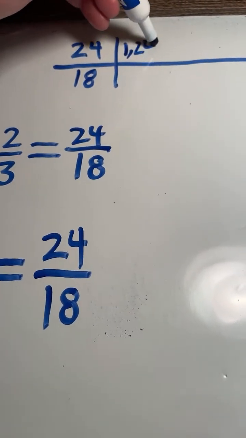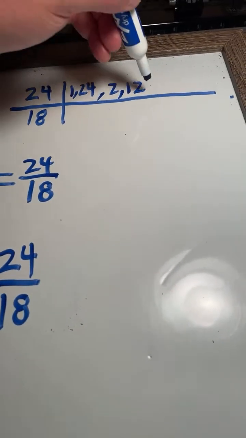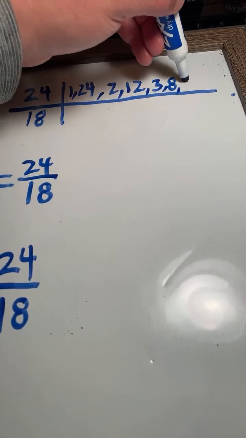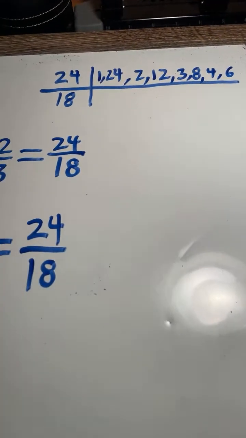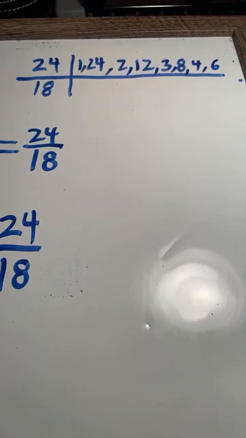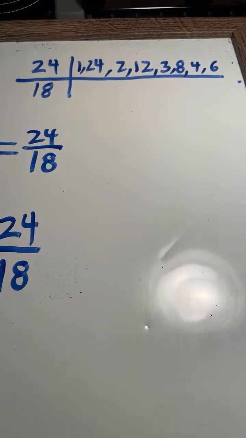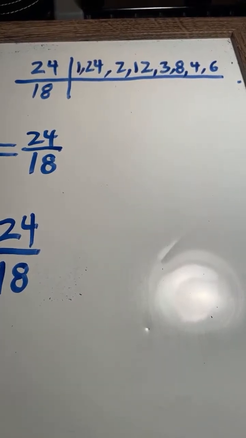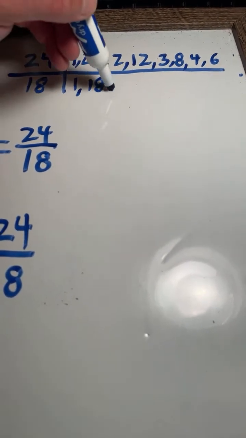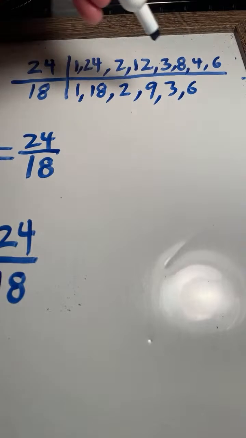So we have 1, 24, 2 and 12, 3 and 8, 4 and 6. Next we have the factors of 18: 1 and 18, 2 and 9, 3 and 6.